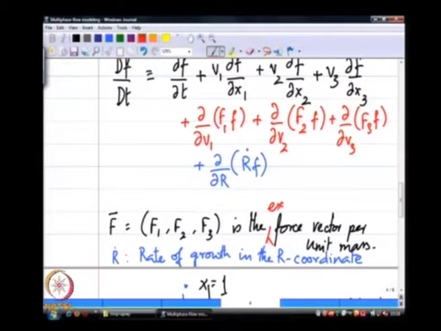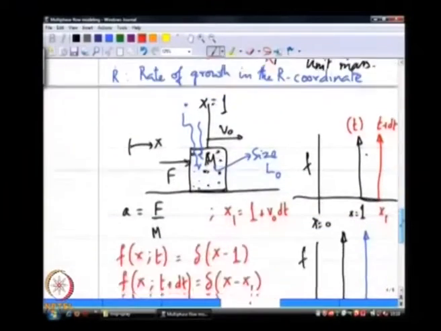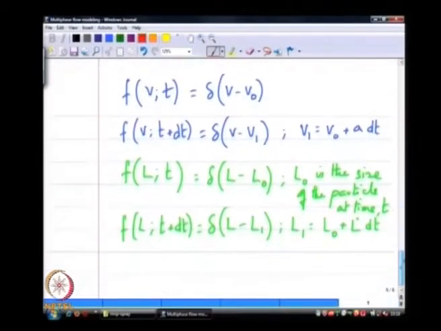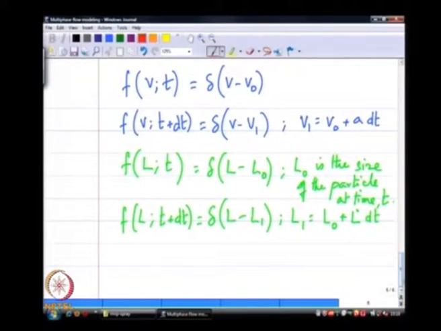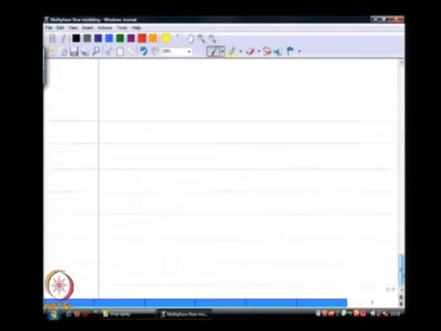This is the external force per unit mass acting on the ensemble of particles, on this population of particles. If I look at what happens due to the interaction between the particles. So, we started to look at another example.